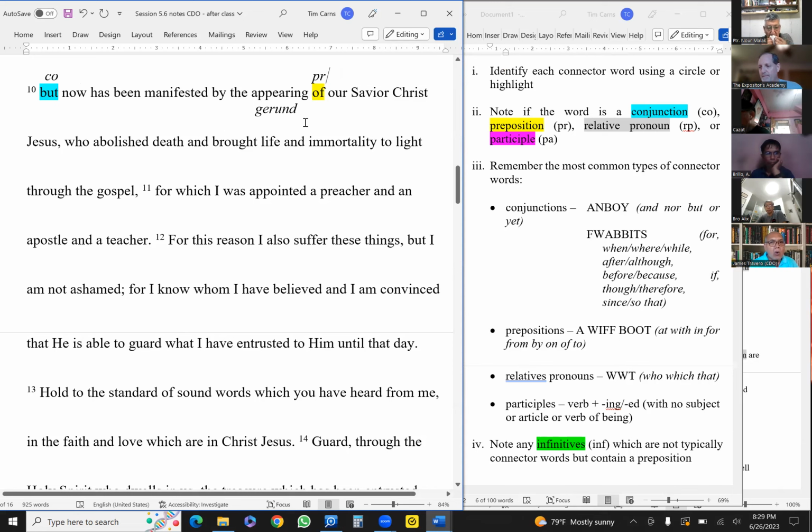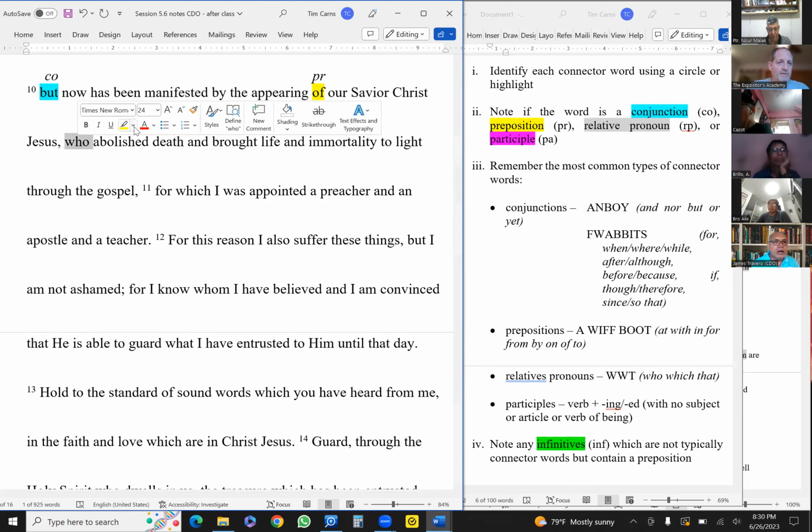Who? Yes. Who. And what is who? Relative pronouns. Very good. It's a relative pronoun. So we will highlight it in gray, and above it, I will put RP for relative pronoun.